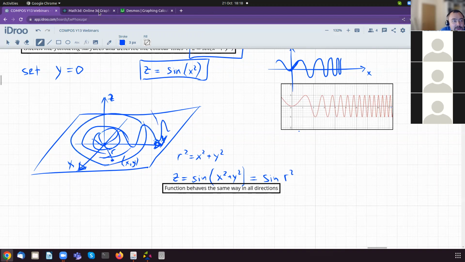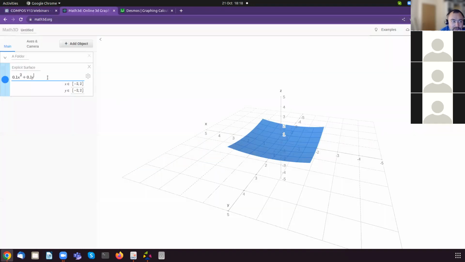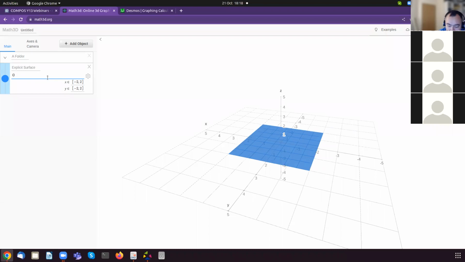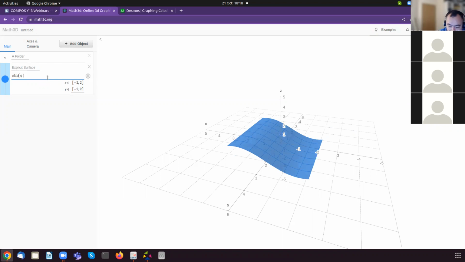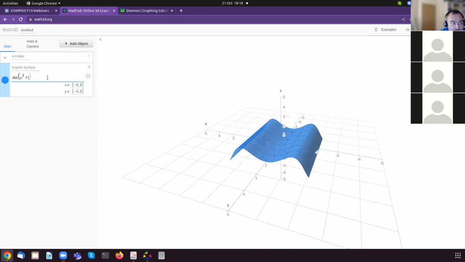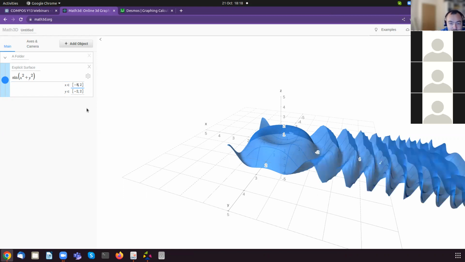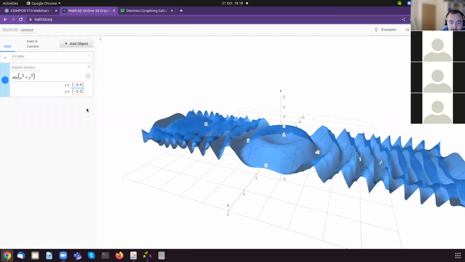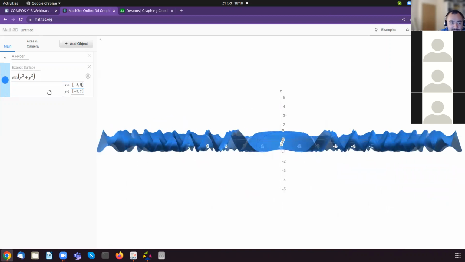Well, let's draw it. Sine, open bracket, x squared plus y squared. And just to make it prettier, I'm going to change the range. You can see from the side, it looks very similar.